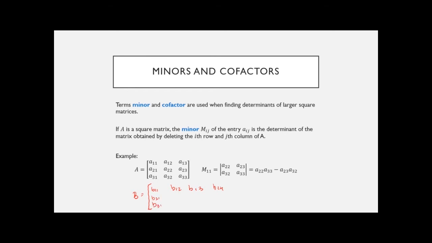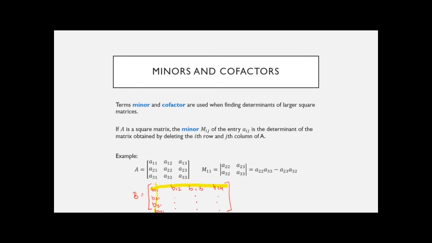I don't have enough room here, so I'll just leave little dots to represent these. If I was to find a minor of something even bigger, let's say the minor for the first row, first column, I would delete the first row and the first column. I now have a 3 by 3 matrix I would have to find the determinant of.